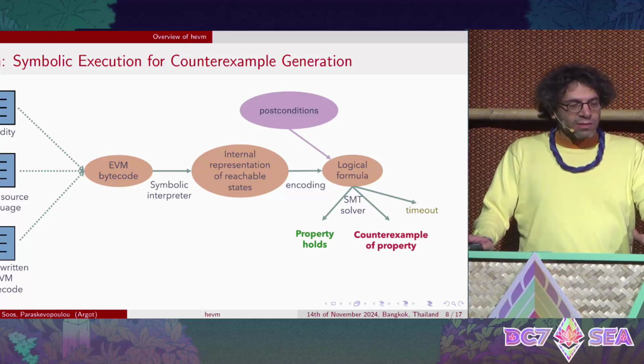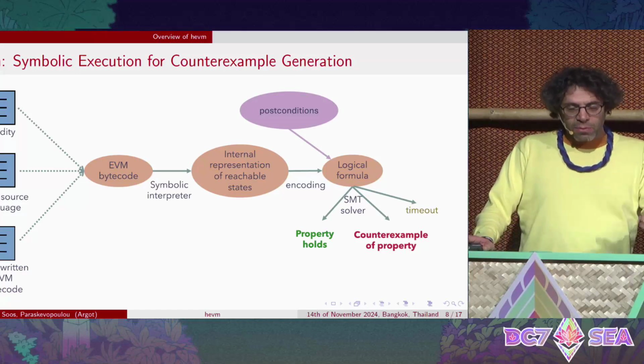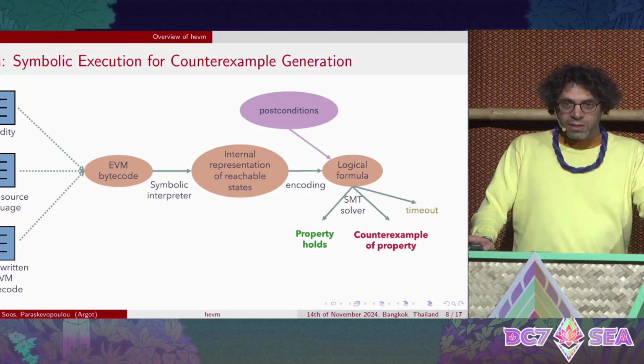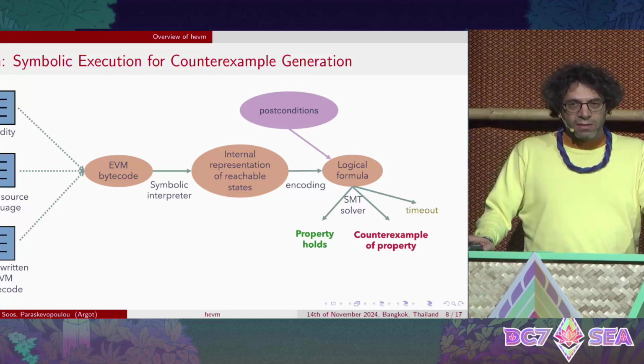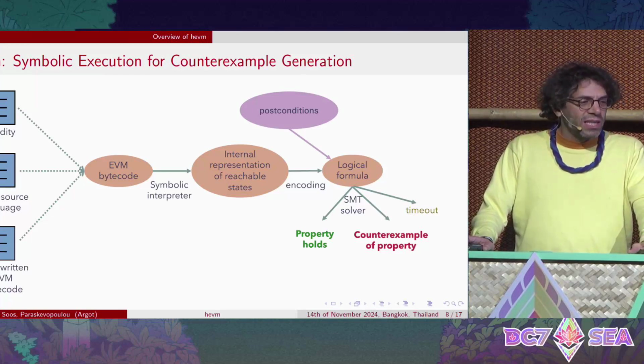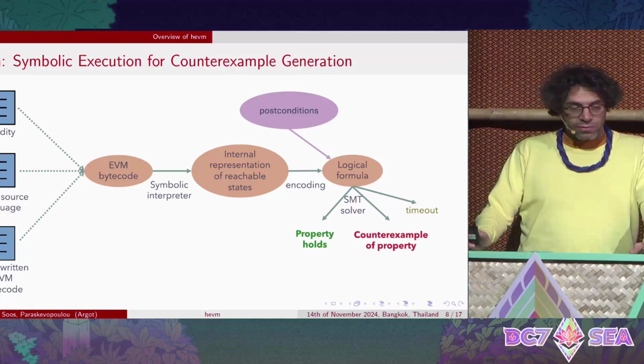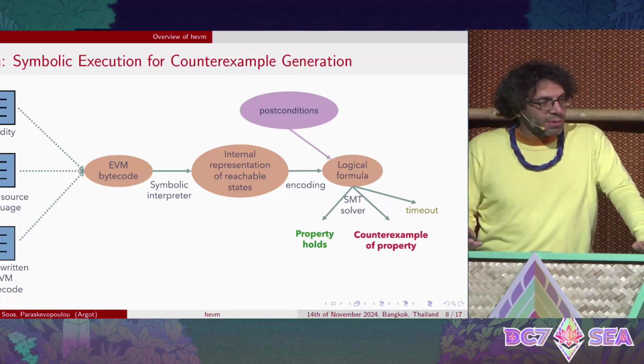And SMT solver is what's called a satisfiability modulo theories solver. So it understands, for example, bit vector arithmetic, which is quite useful because, of course, there's these 256-bit bit vectors or variables in EVM that EVM operates on. And then either it proves the property, finds a counterexample, or times out, of course. That's always a potential possibility.